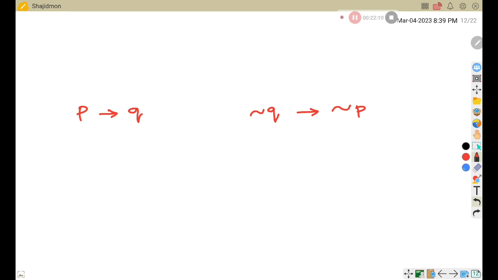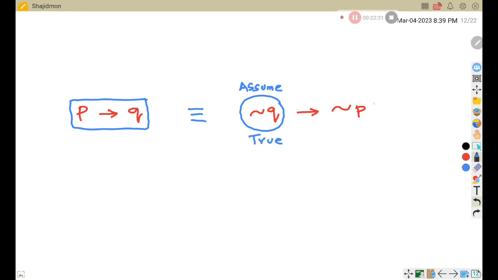So instead of proving P implies Q, which is the direct proof, what we are proving is negation of Q implies negation of P. That means we just assume negation of Q is true, and we need to show that negation of P is also true.